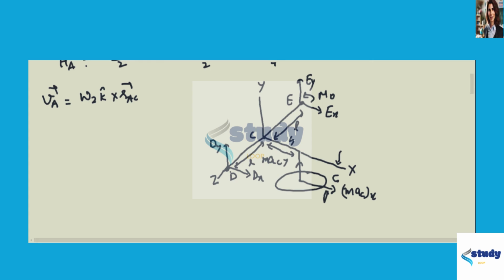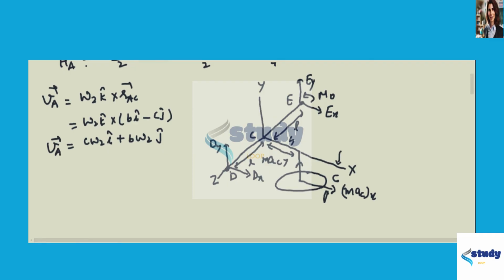So it can be written as omega 2 k cap cross RAC, where RAC is BI cap minus CJ cap. So you will get C omega 2 I cap plus B omega 2 J cap. This is the velocity of A point.